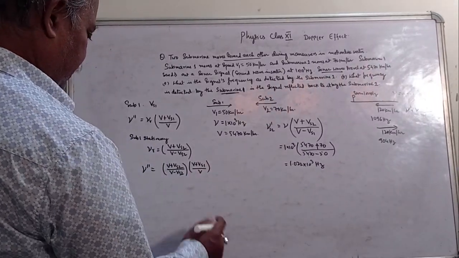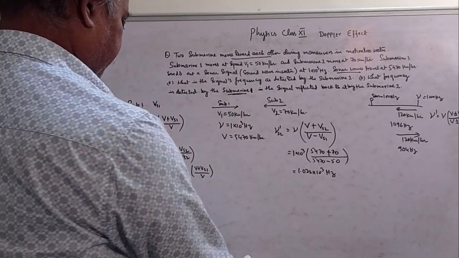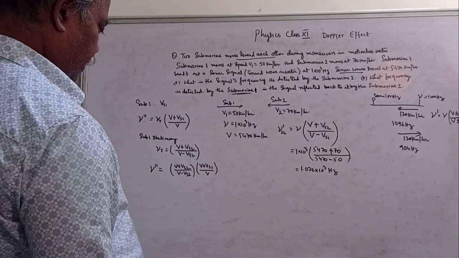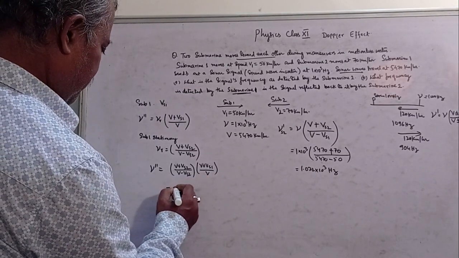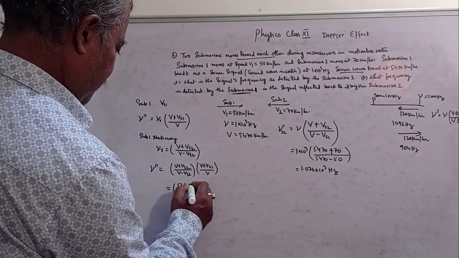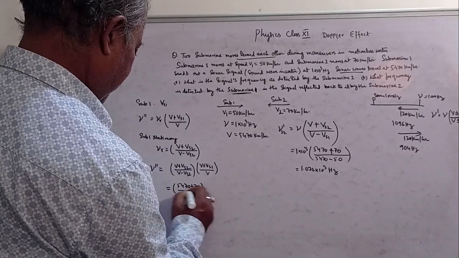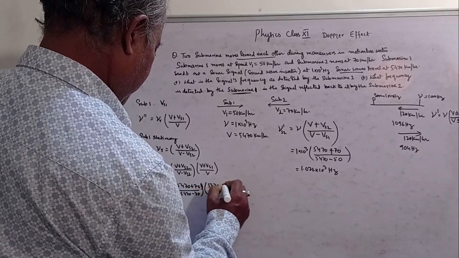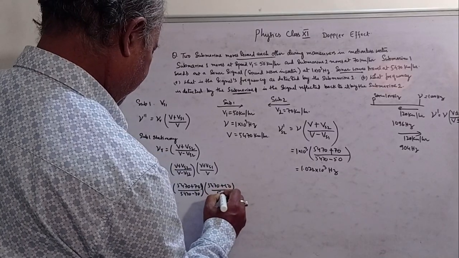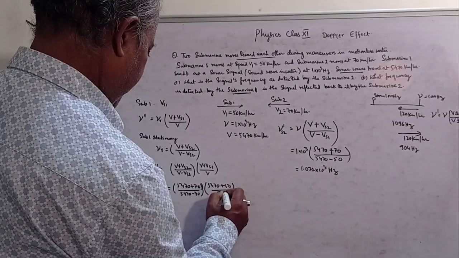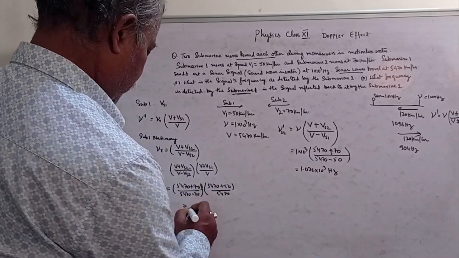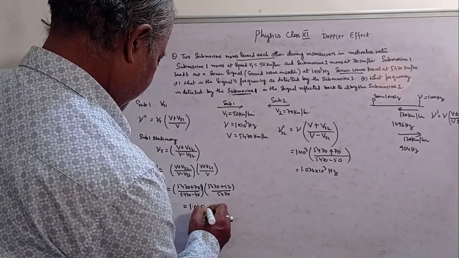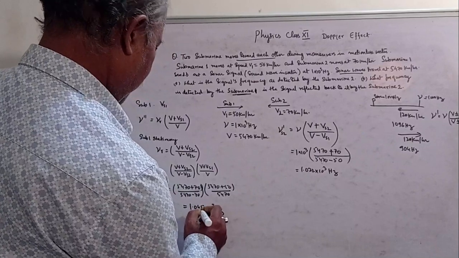Now if you place all these values, how much will this be? 5470 plus 70 by 5470 minus 70, into 5470 plus 50 divided by 5470, and it is 1.045, and the value comes out to be 1.045 into 10 to the power of 3 hertz. The value comes out like this.